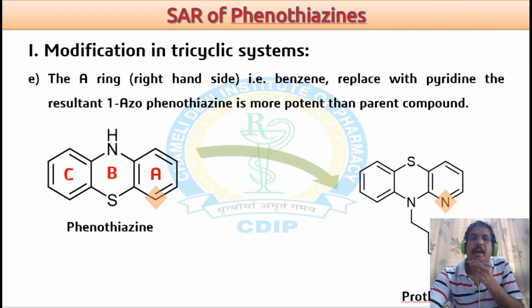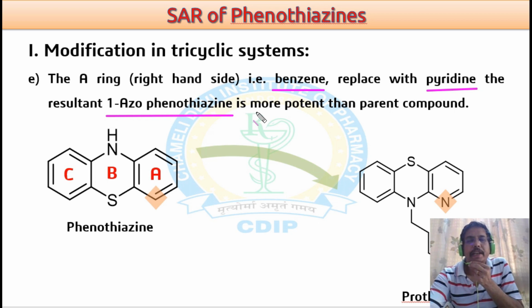Means for the optimum activity, the center ring should be 6-member. If you look for the modifications in the A ring, which is located on the right hand side, if we replace the benzene with pyridine, in this case the 1-azaphenothiazine derivative is formed, and that is showing more potent activity as compared to its counterpart, in which the nitrogen is absent and carbon is present.